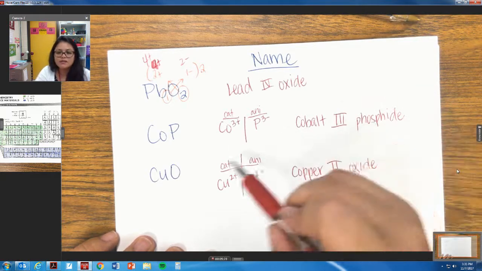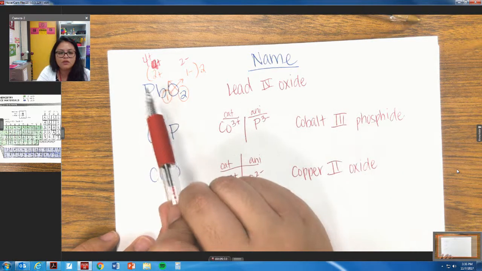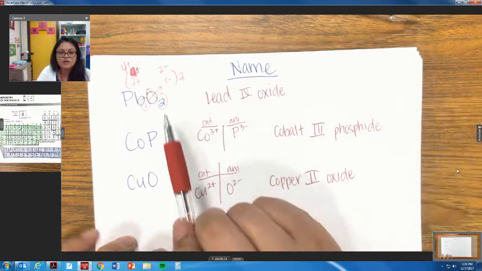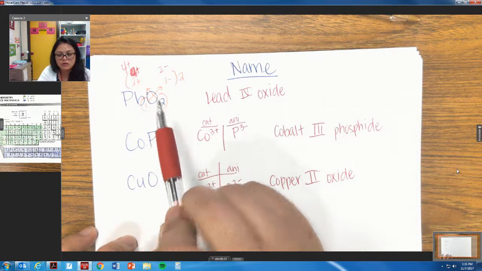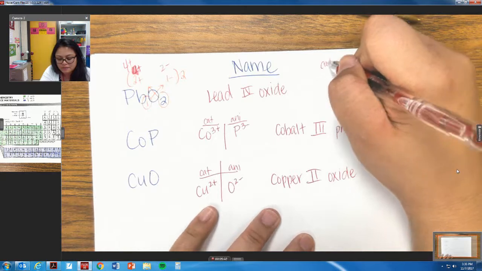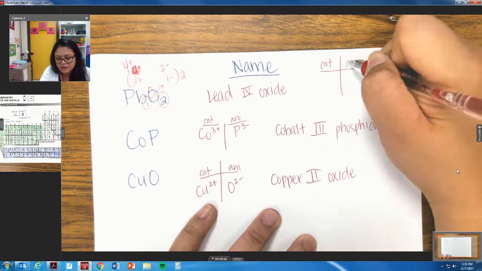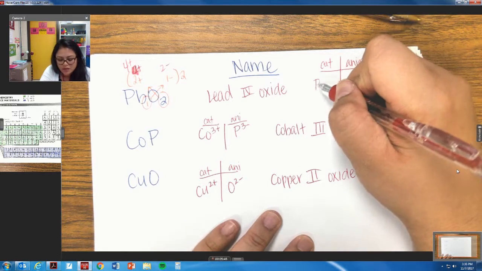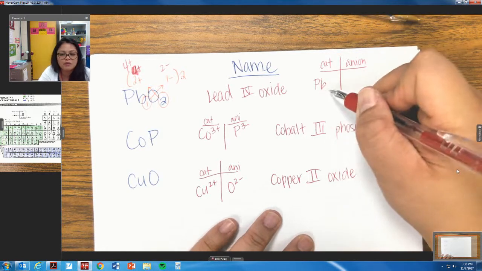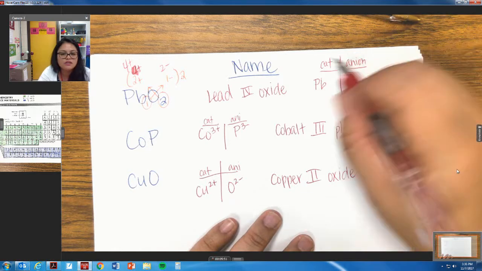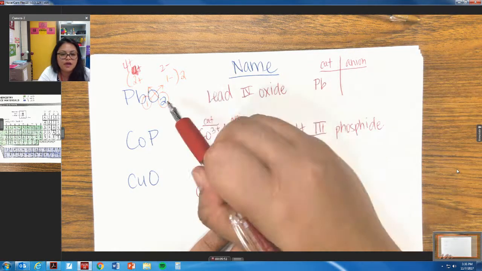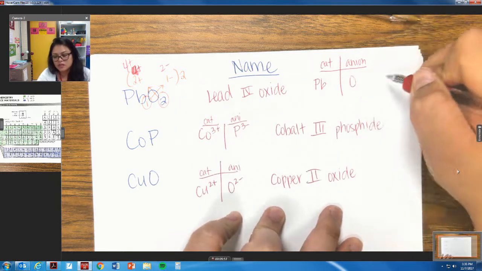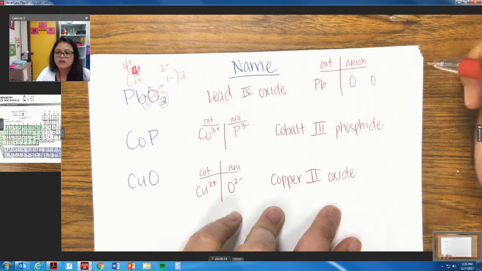Okay, so we can also do this same way for PbO2, just so you guys can get a visual. Your cation is Pb, and you only have one Pb. How many oxygens, how many anions, do you have? Well, you have 2 oxygens. There's one oxygen, and then there's another oxygen.